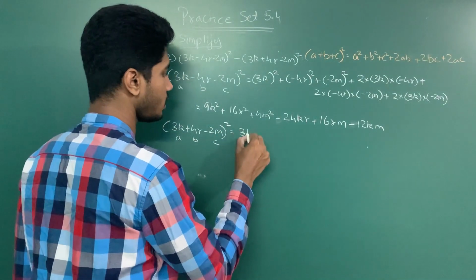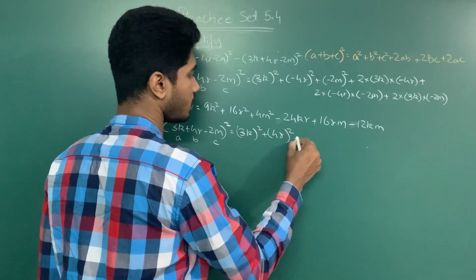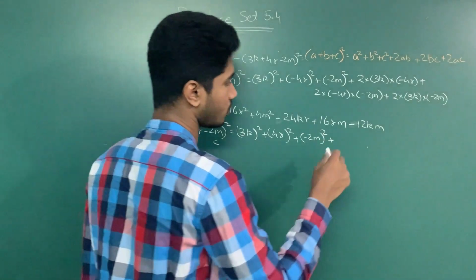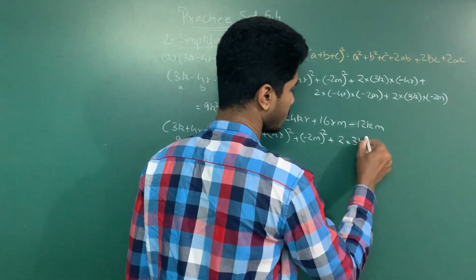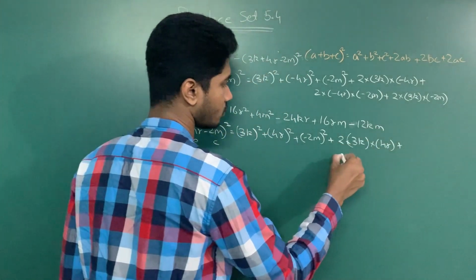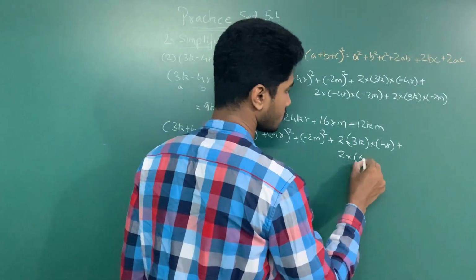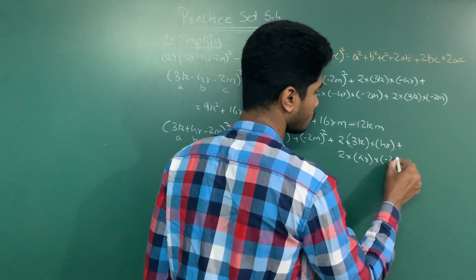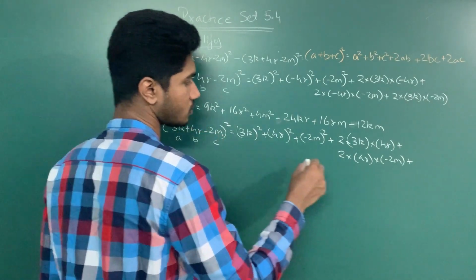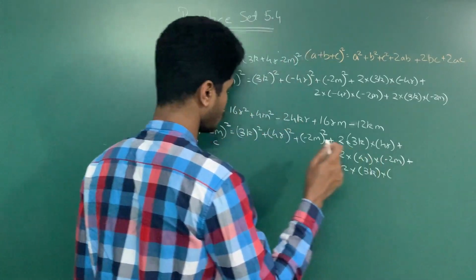Now 3k the whole square plus 4r the whole square plus minus 2m the whole square. 3k into 4r, that is 2 into 3k into 4r plus, I'll write it down, 2 into 4r into minus 2m plus, that is 3k into 12. So 2 into 3k into minus 12.